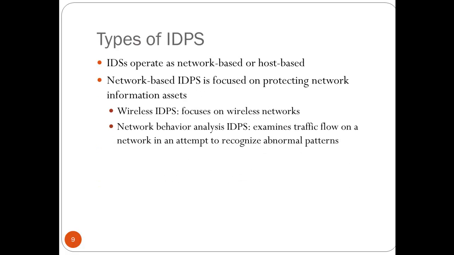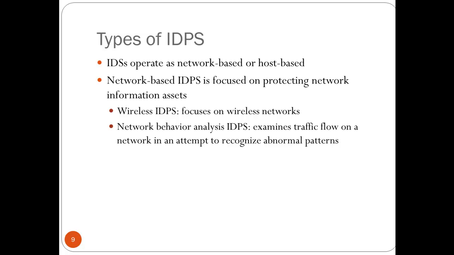There are a bunch of different types of intrusion detection and prevention systems that we want to talk about. They operate in really three basic ways. They're either network-based, host-based, or application-based systems. A network-based intrusion detection system is focused on protecting those network assets.